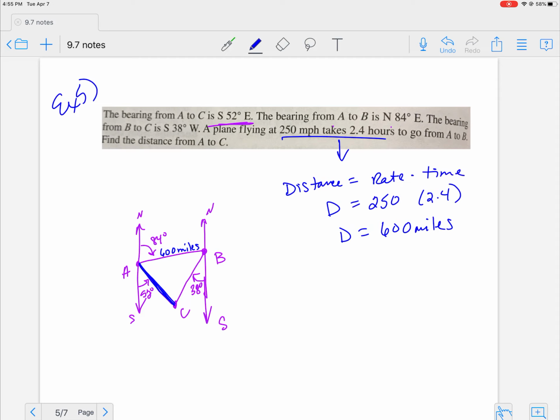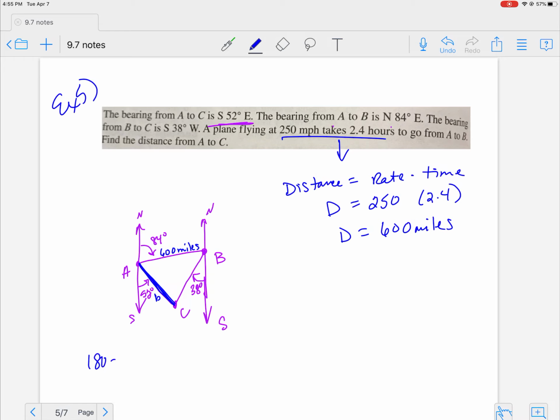So now I have one bit of measurement there. But my goal here is to find the distance from A to C. This is what I'm actually trying to find. This distance here from A to C, which is little b again, because it's across from that. All right, so here's the kicker. When I'm looking at these values, I know that I have this line.